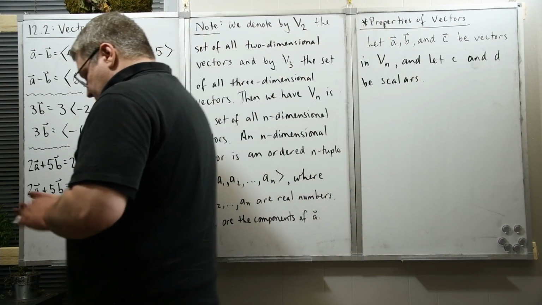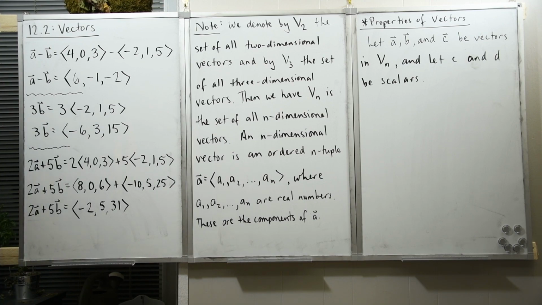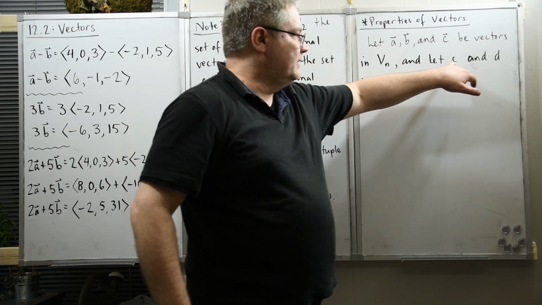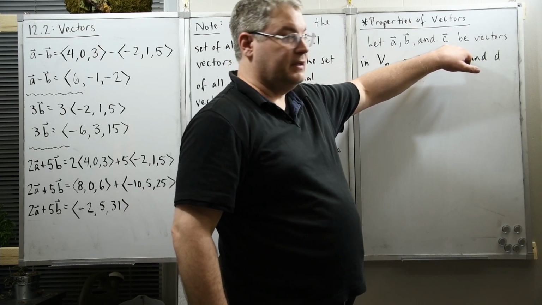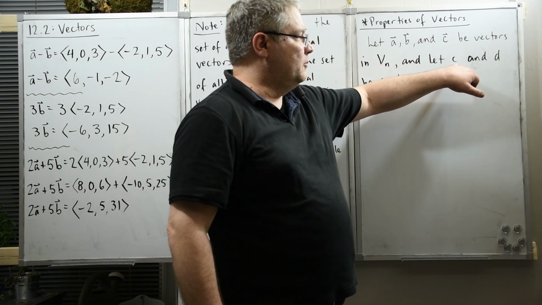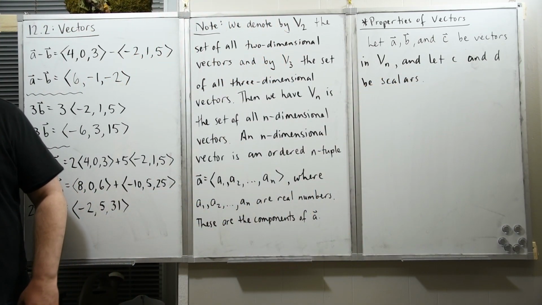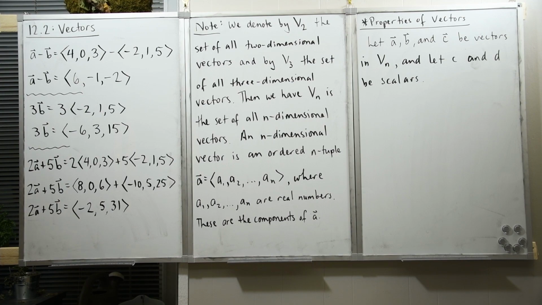Now, if you're worried about reusing C here, we're not really reusing it, because notice that this C has an arrow above it, which indicates it's the vector C, where this c does not have an arrow over it, which means it represents the scalar c. So just be mindful of the difference in notation, the vector versus the scalar.